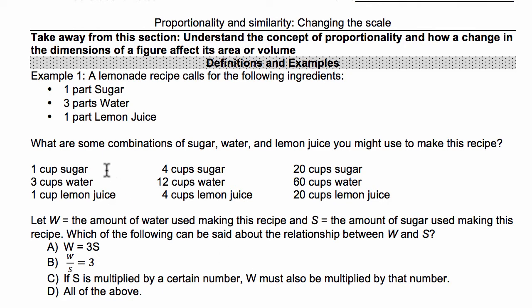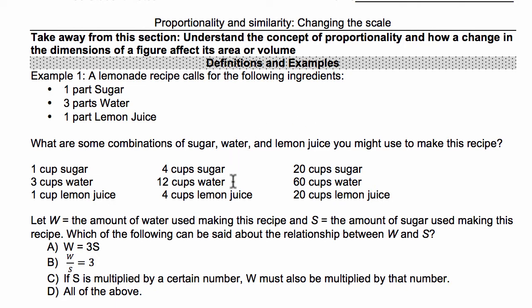To get from combination 1 to combination 2, we might multiply the amount of sugar used by 4. Notice that means we should also multiply the amount of water used by 4. In fact, this is what is meant by quadrupling the recipe. Similarly, to get from the second combination to the third combination, we might multiply the amount of sugar by 5.